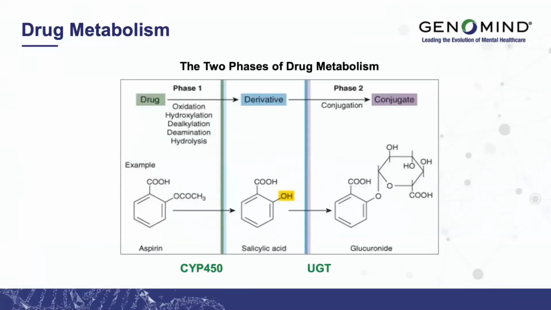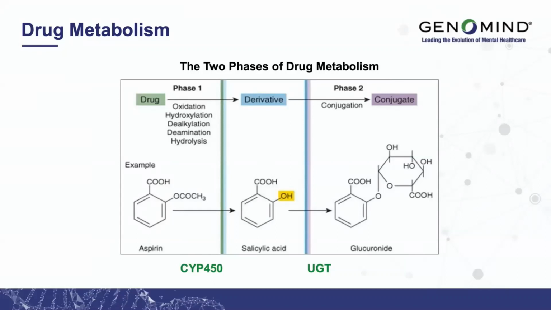Now, after absorption, like I said earlier, most drugs undergo some type of drug metabolism. Drug metabolism can occur in two different phases. You have phase 1, phase 2, but both of these phases are trying to accomplish the same thing. Make a drug more water soluble so you can urinate it out. Now, let's start with phase 1 because probably everyone on this webinar is familiar with something called CYP450.